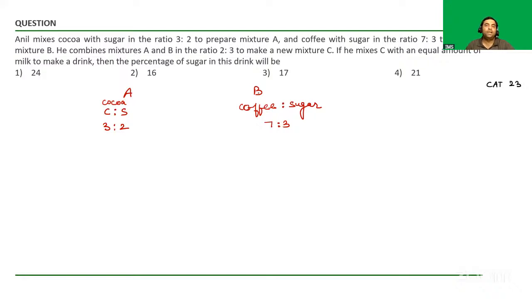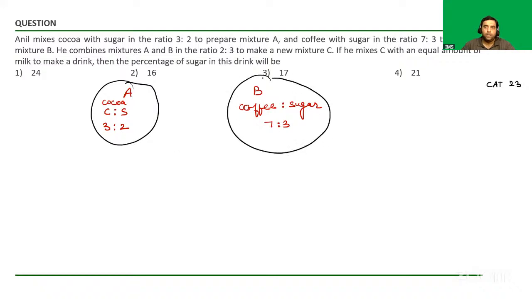Now, once A and B are prepared, we have taken A and B in the ratio 2:3. So that means 2 parts of A and 3 parts of B, and then after mixing them, C is formed.